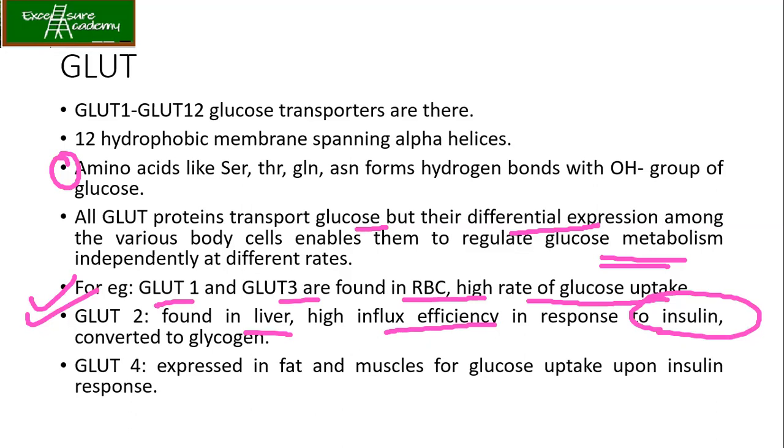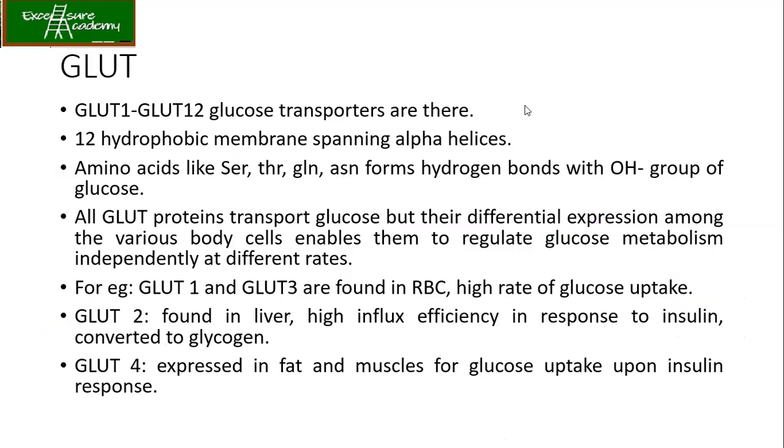Then we have GLUT4, which is expressed in fat and muscles for glucose uptake, again upon the insulin response. So what you have to remember: the amino acid names, GLUT1 and 3 in RBC, GLUT2 in liver, GLUT4 in fat and muscles. This is what you have to remember from this slide.